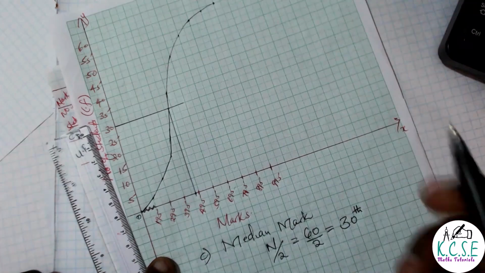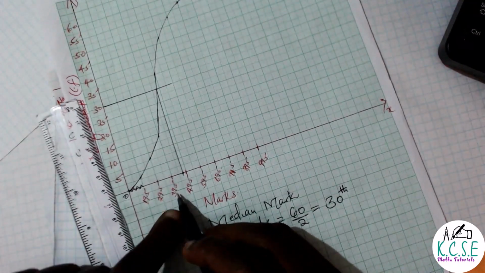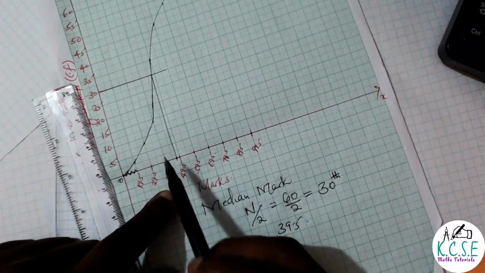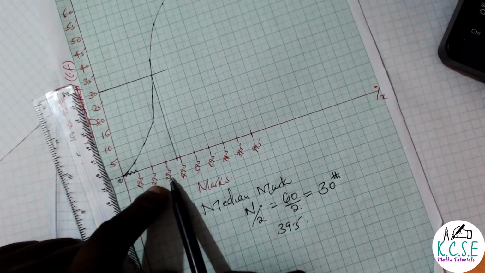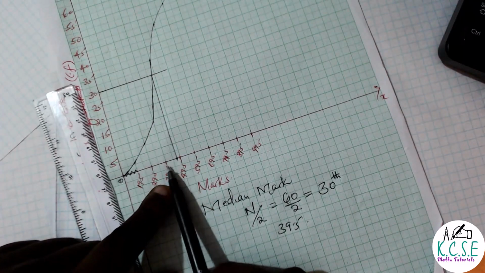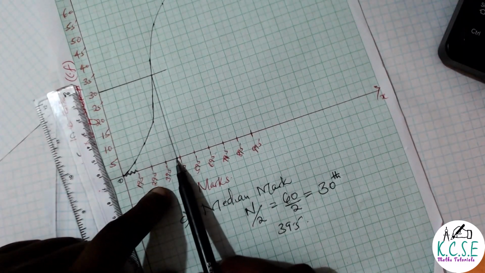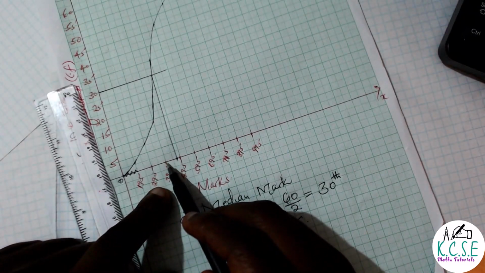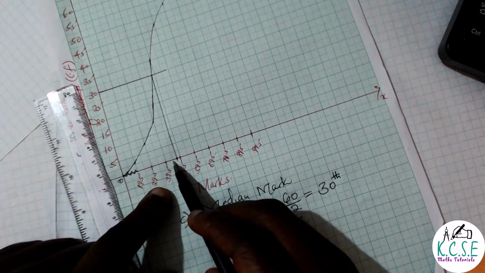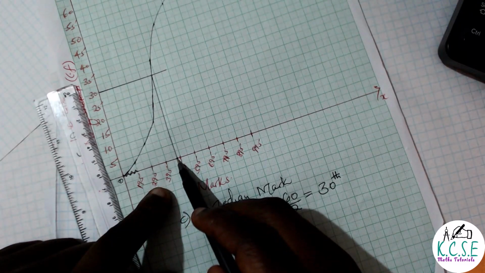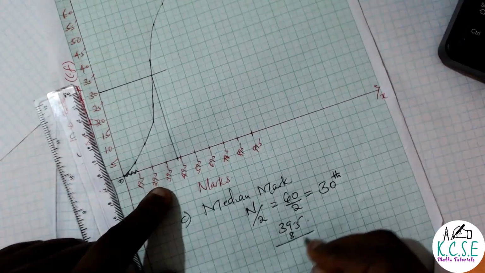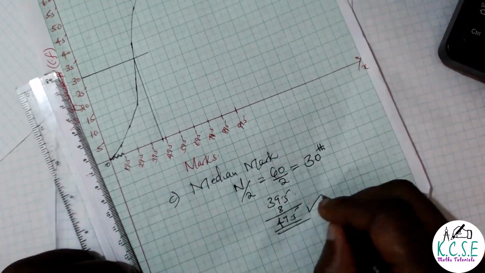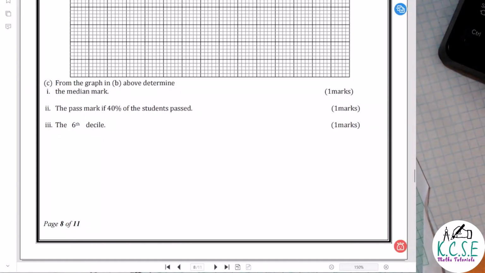Remember we have 39.5 all the way to 49.5, that is 10, and I have 10 small squares, so one small square is 1. Counting from 39.5, we have 8 squares. So simply add 8, and this will give 47.5. So 47.5 is the median mark. The next one is part 2.